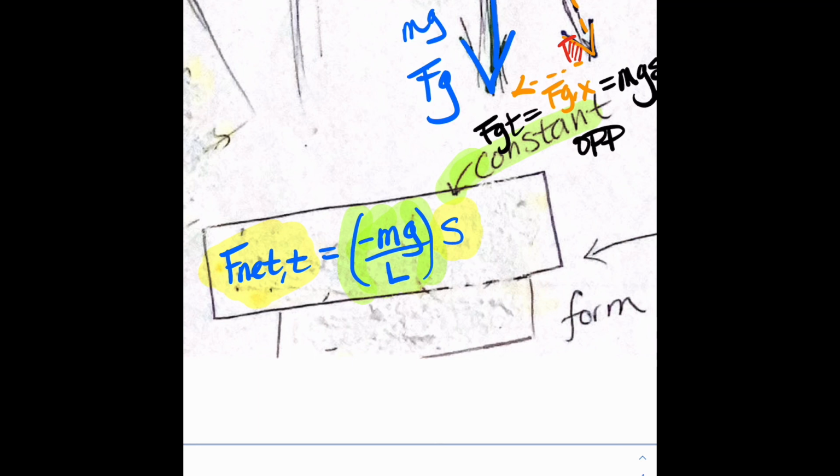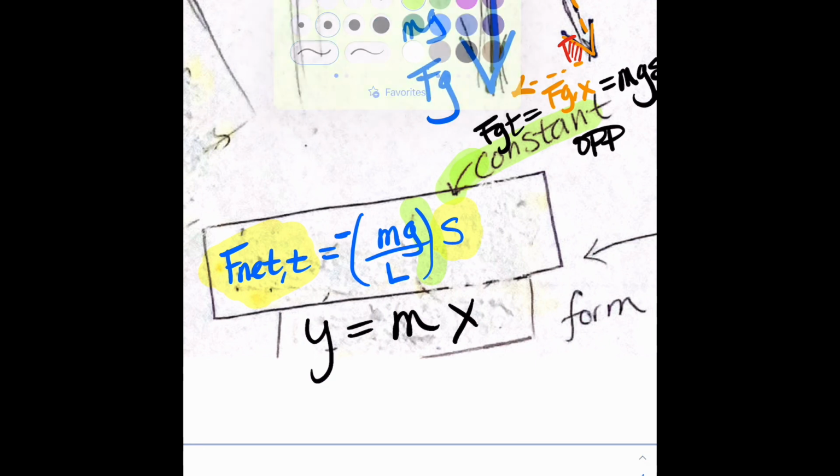It's also linear. You can think about it in the form of y equals mx, where you could graph y versus x, and the slope would be k, or the slope would be mg over L. If you're wondering about the negative sign, I could have written the negative sign out here, and then you have your mg over L as your constant, and the negative is just showing you that it's restoring, it's going back towards equilibrium.